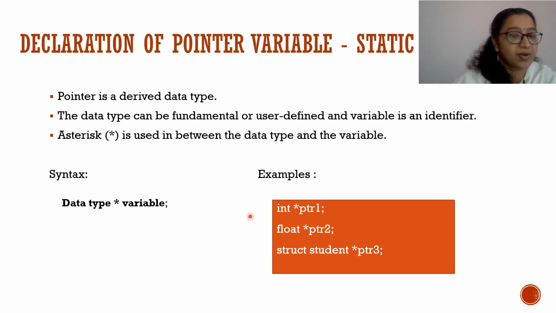Okay, only to remember, we want to put star between data type and variable. And one more thing, whichever data type we put for that pointer variable, that pointer variable can hold only that type of variable. If it's an integer, the pointer can hold only integer one. Clear?